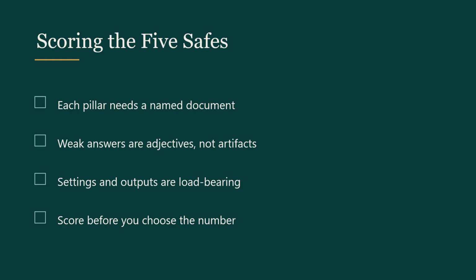Research is a category, not evidence. Safe people. The proof is a signed agreement naming individuals, completed privacy training records, and an institutional affiliation you verified. The weak answer is that they are a reputable organization. Reputation is not a control, it is a feeling about a control.